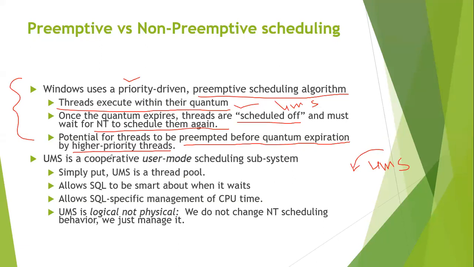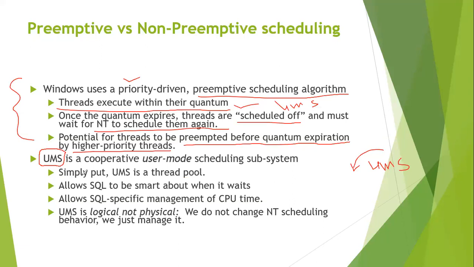So we have to maintain our own scheduling instead of giving it to the operating system. So that can be done. Then the Microsoft development team introduced a concept or scheduling mechanism called UMS. So this is user mode scheduling.